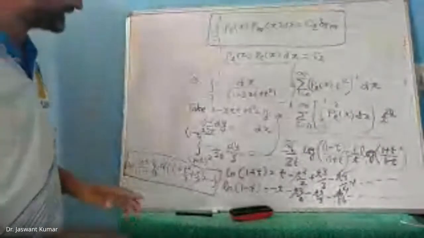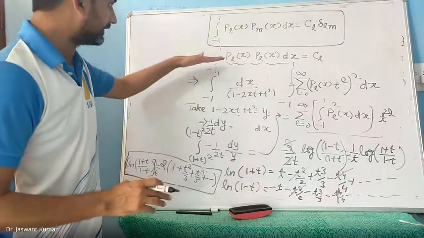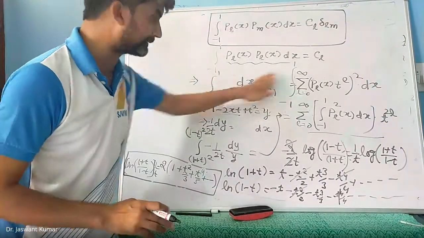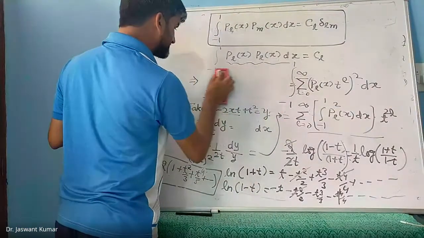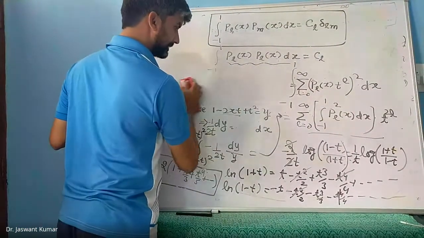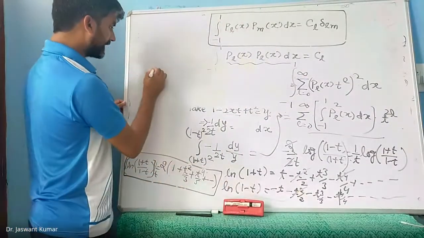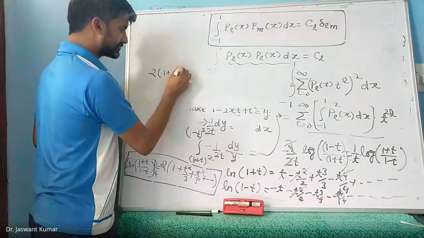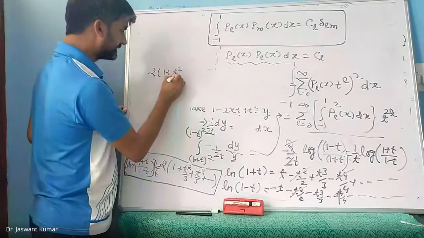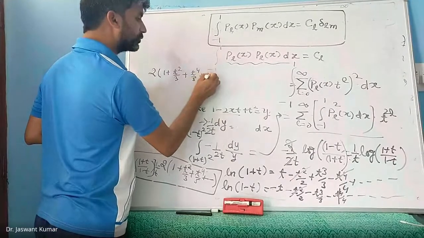So we write this particular series as a summation. I remove this particular line and rewrite the left hand side as 2 into 1 plus t square by 3 plus t to the power 4 by 5 plus so on.